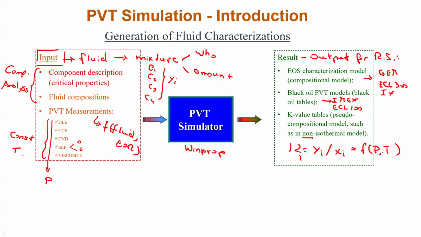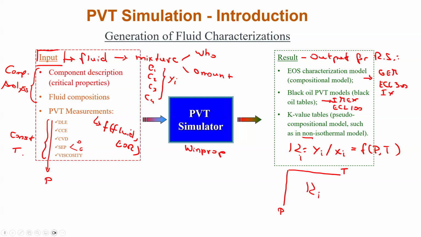So we can use the equation of state that we tuned using the PVT simulator to do a pre-calculation of this k-values table. It's very common to generate a table as a function of temperature and pressure with different values of k.